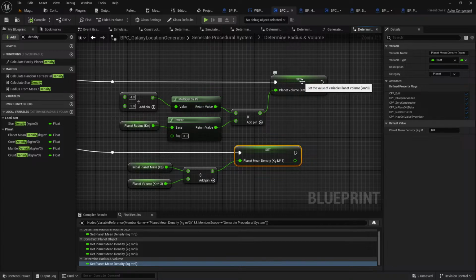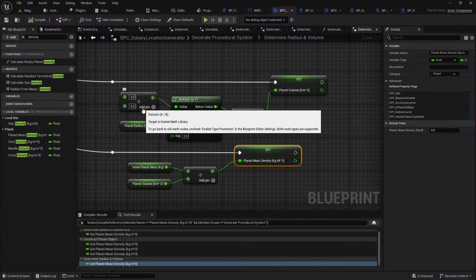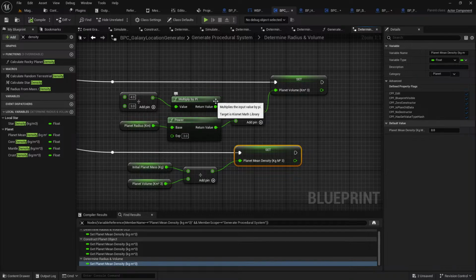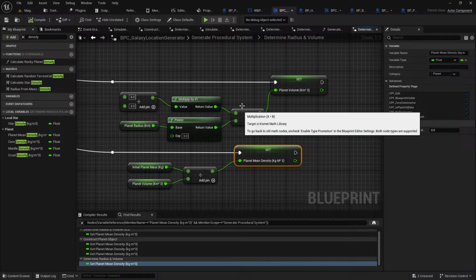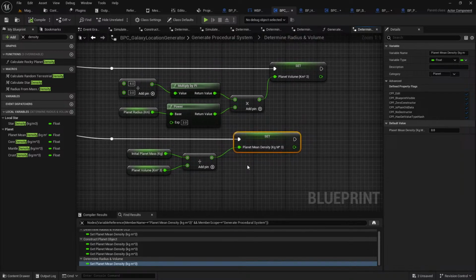Right, so volume is 4 divided by 3 times pi times radius cubed. So that's right. And then we've got density from mass and volume. So density is mass divided by volume.